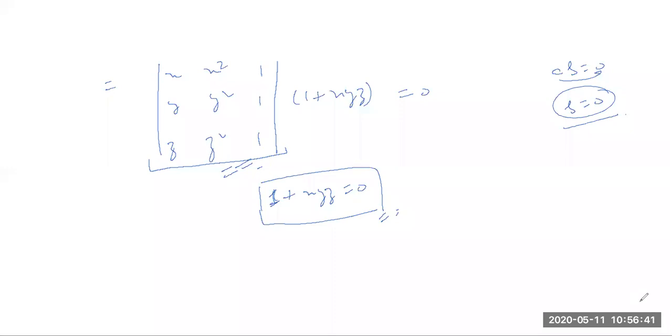Someone asked about Example 16, see example number 16. It's the last example also, and it's a good example also. It is given 1 plus a, 1 and 1. It is given 1, 1 plus b and 1. And this is 1, 1 and 1 plus c.